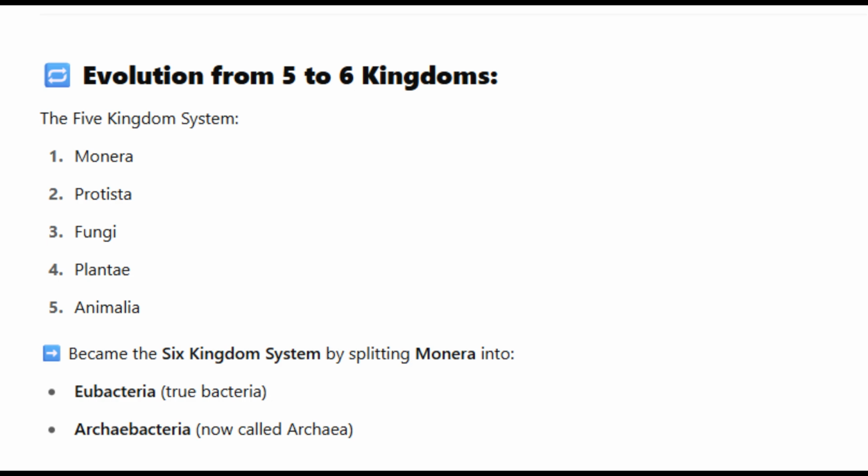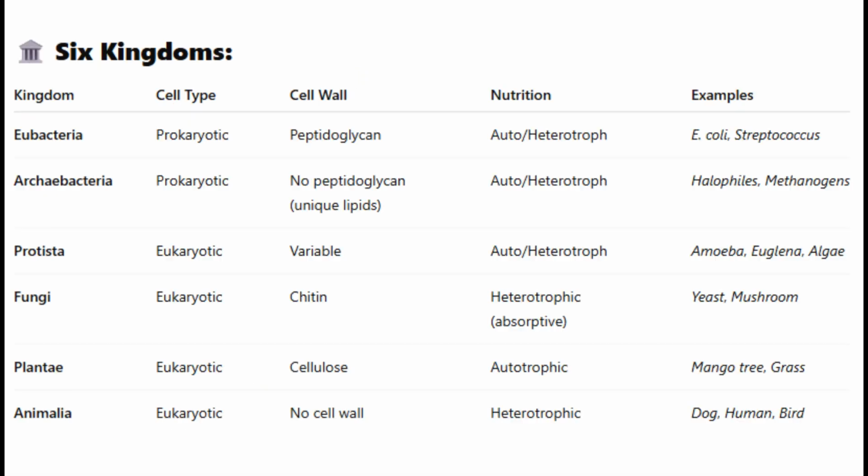Evolution from 5 to 6 kingdoms. The 5-kingdom system, Monera, Protista, Fungi, Plantae, Animalia, became the 6-kingdom system by splitting Monera into Eubacteria, true bacteria, and Archaebacteria, now called archaea. 6 kingdoms.